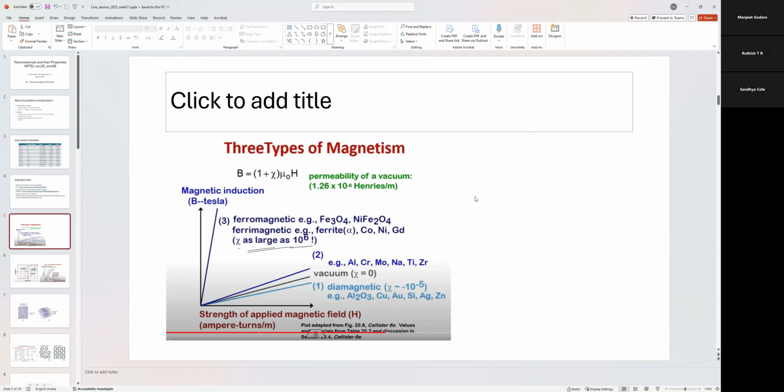So, a brief recap of the content covered in the lecture this week. There are three types of magnetic material.